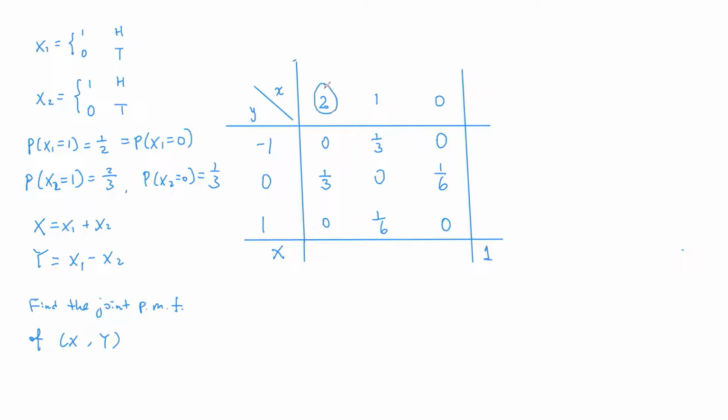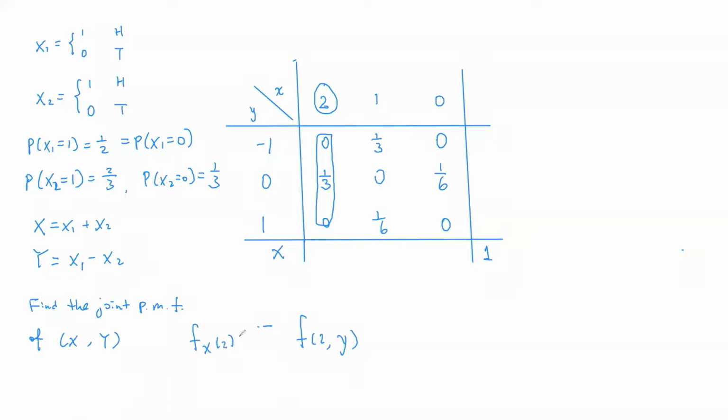So you have x equals 2, and then you add all these numbers. These are f of (2,y), so y equals -1, 0, and 1, right? That's what the marginal distribution of x means when x equals 2.